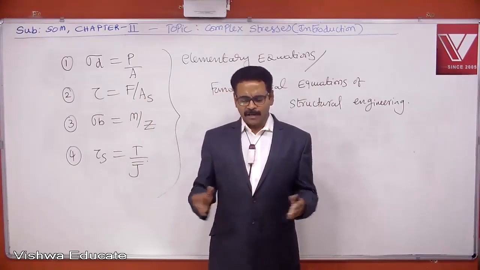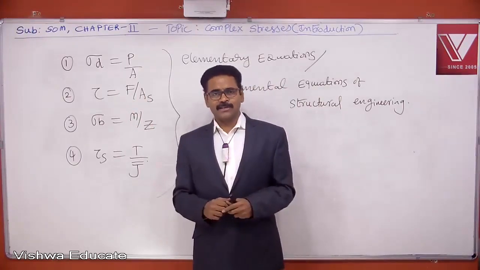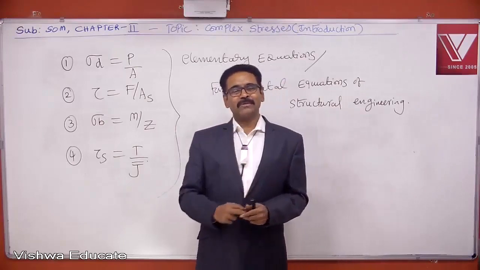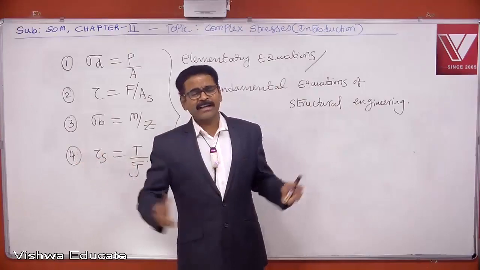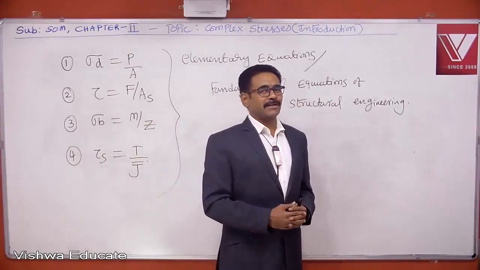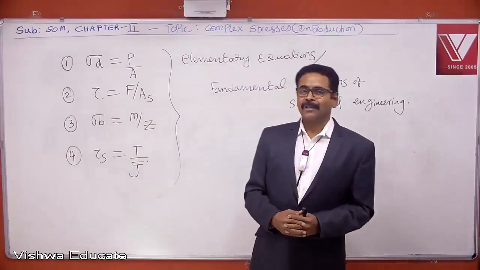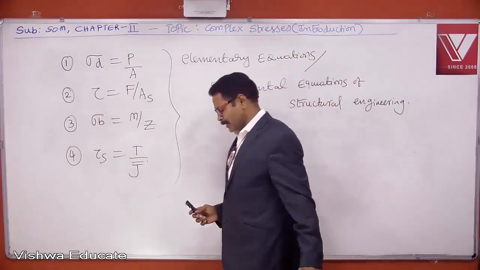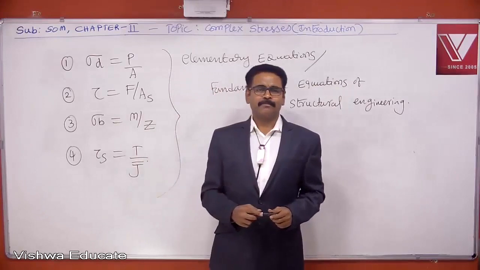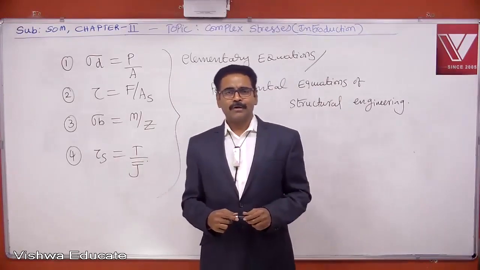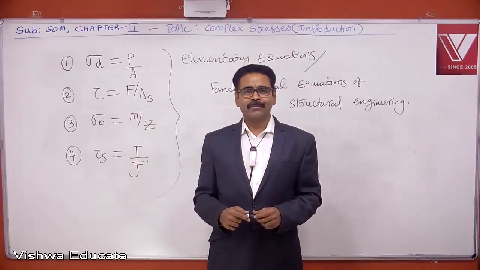That means while designing any ductile structure, you should know how to find two parameters. Number one, what is the maximum shear stress in the structure? And what is the angle of the shear plane?